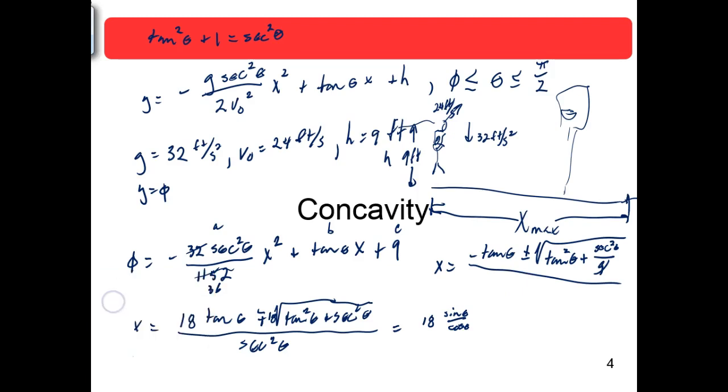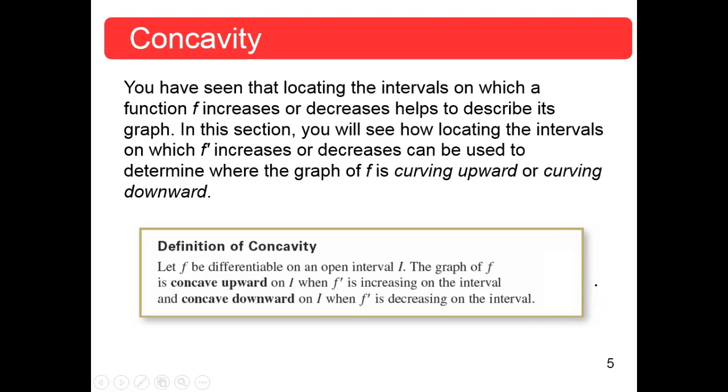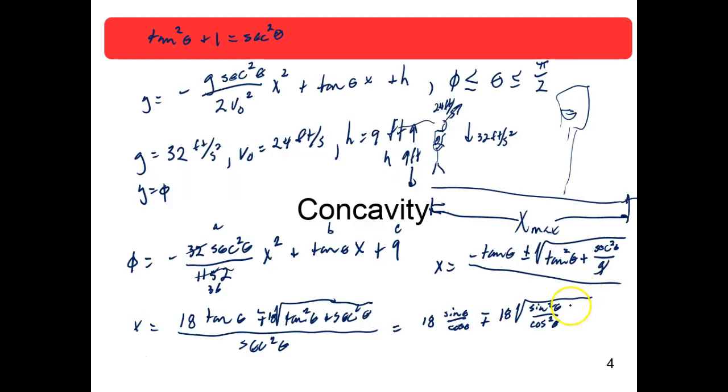People who come in late, that won't make any sense, but I'll put it back in if I need to. Now I'm going to put minus or plus, and again, I don't think it matters which order you do. And we have an 18 here, and we have a square root of sine squared theta over cosine squared theta, that's tangent squared, plus secant squared, which is 1 over cosine squared theta. All that's under the radical, and all this is divided by 1 over cosine squared theta.